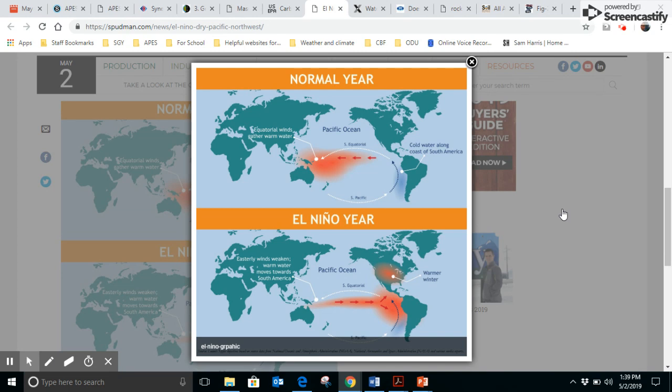Because it's so warm, it blocks upwellings. It artificially lowers the thermocline over by Peru, and it is warm enough to change atmospheric circulation patterns where we have certain rainfall events that would normally take place. Oftentimes they can be shifted.